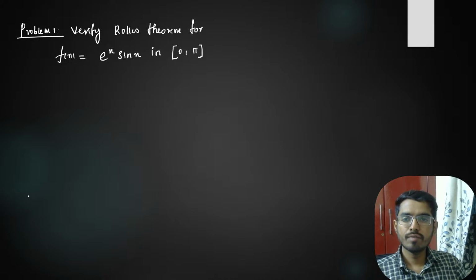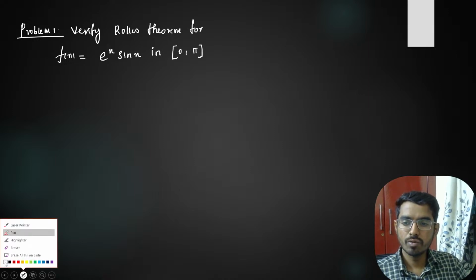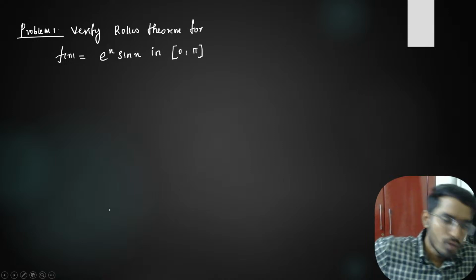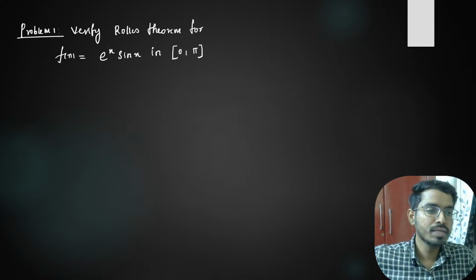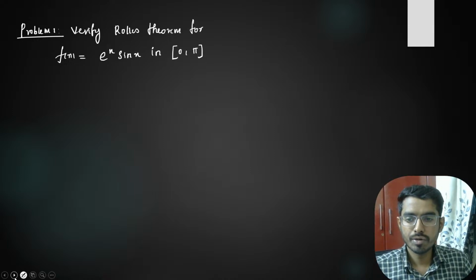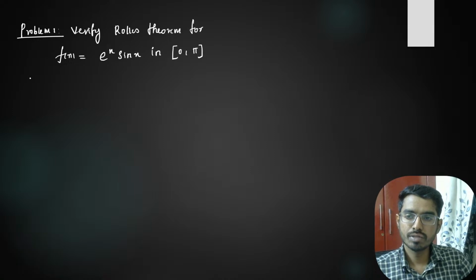So verify Rolle's theorem for the function f of x equal to e power x sin x in the interval 0 comma pi. Verify Rolle's theorem means you have to prove that there exists a number c in the interval 0 comma pi whose derivative at that point is equal to 0. So we'll prove this.